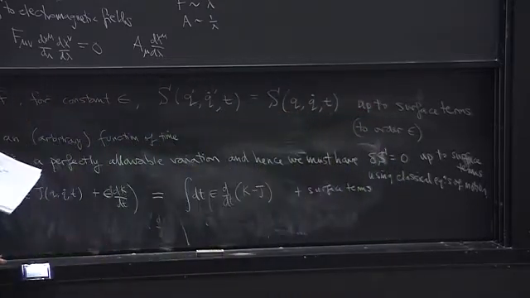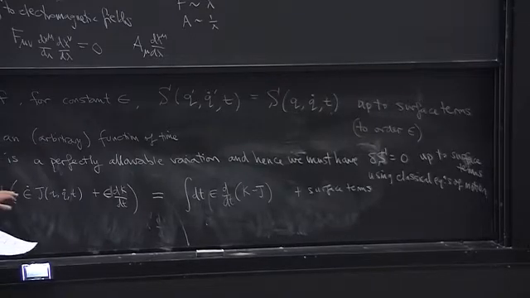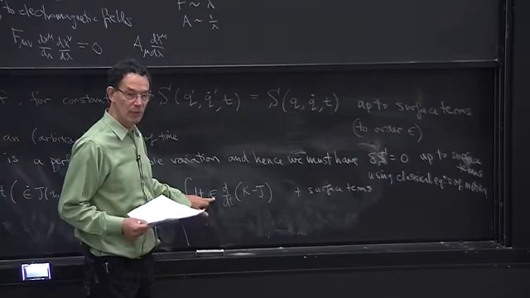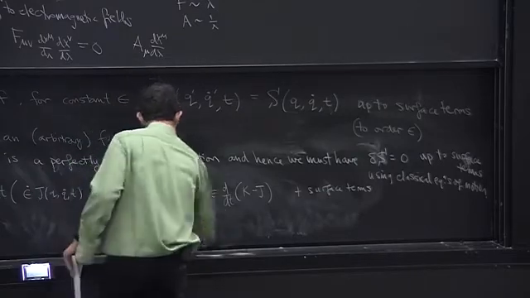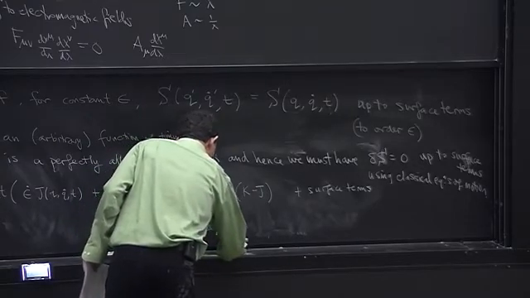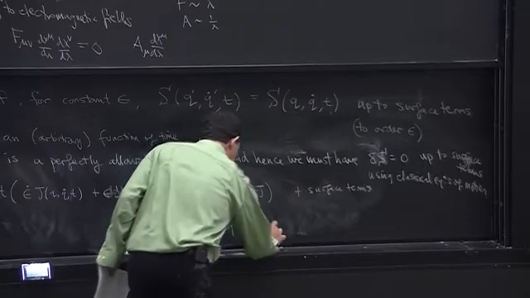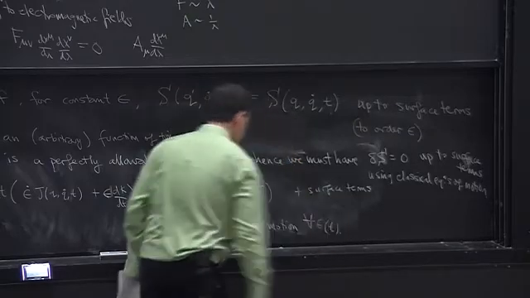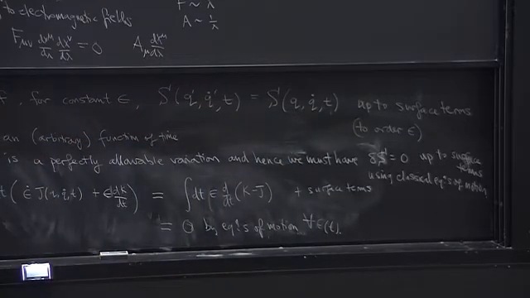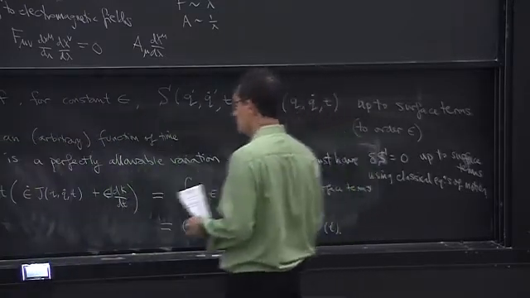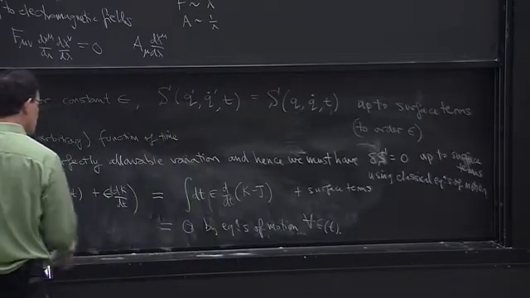Okay, but then, because this is a perfectly allowable variation, it must be that when I use the equations of motion, this vanishes for arbitrary epsilon of t. So this will be equal to 0 by equations of motion for all epsilon of t. Because for any epsilon of t, that's an allowed variation. The variation of the action should vanish up to surface terms, and so this must be 0.